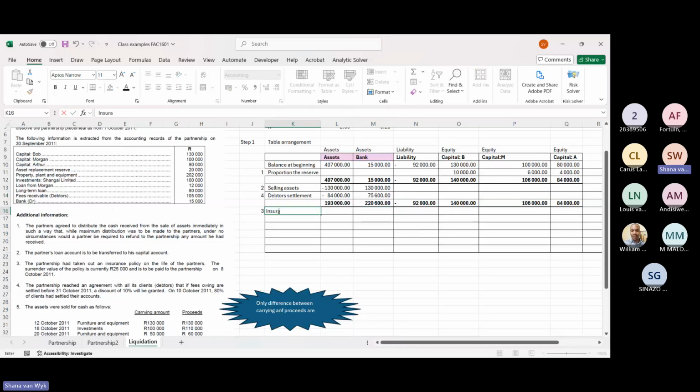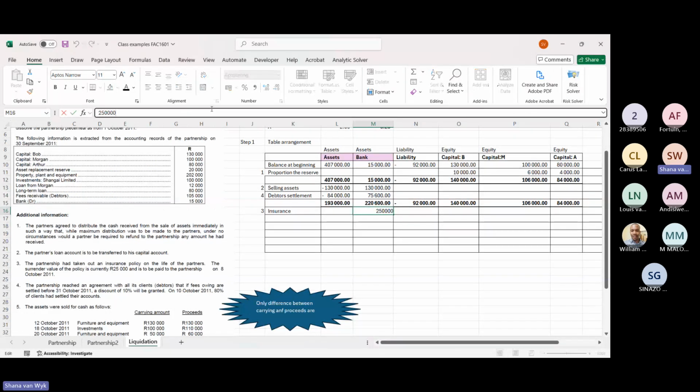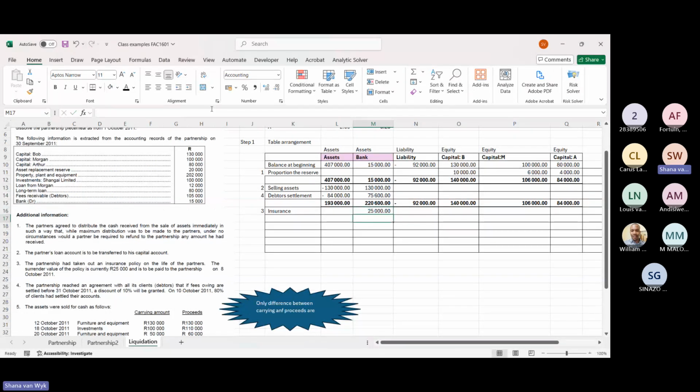You're right, insurance proceeds must go to the bank. Okay, so we are receiving money from the insurance. And then they said it's to be paid to the partnership, so then we split it accordingly.